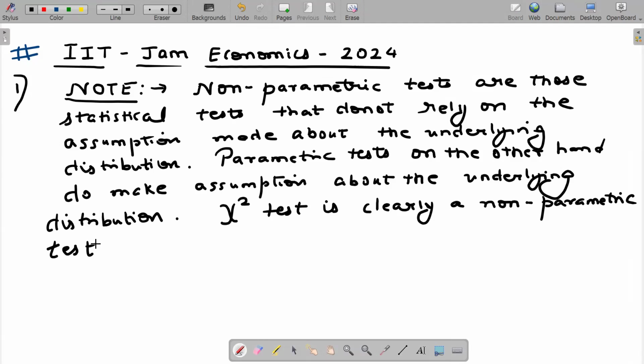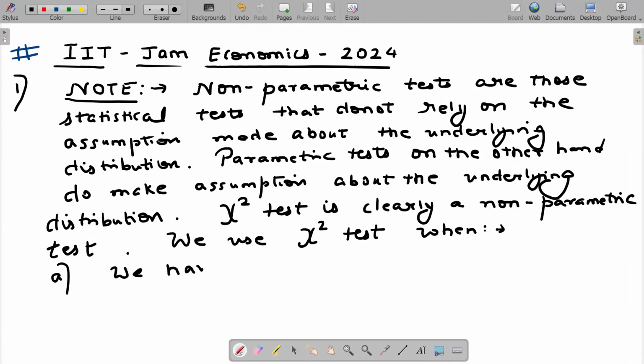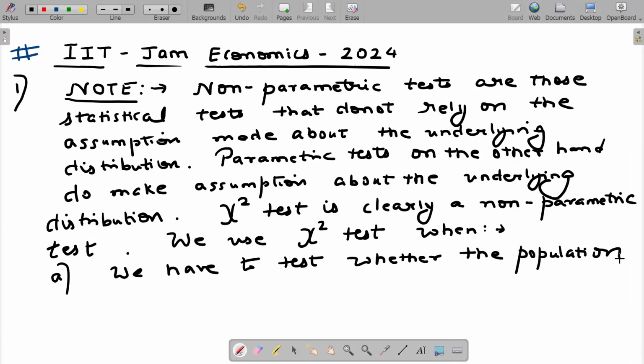categories. So we use chi-square test when, point A, we have to test whether the population variance sigma square is equal to a certain hypothesized value.